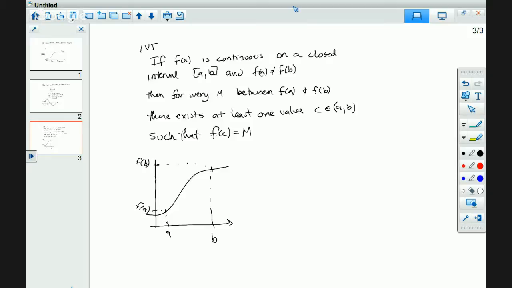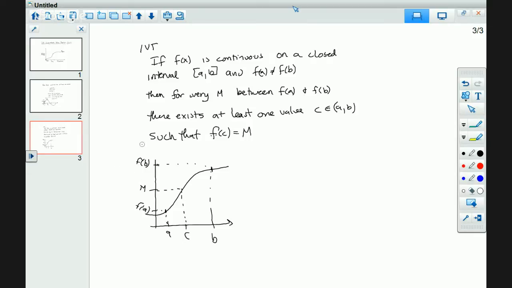For every m, anything you pick here, it could be up here or down here, doesn't matter where. For every single one of those, there is at least one C, or an X value, that corresponds with that Y value. That's what that says.